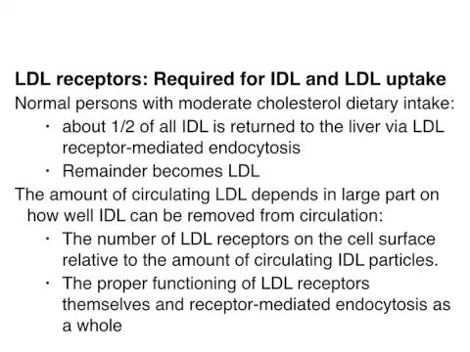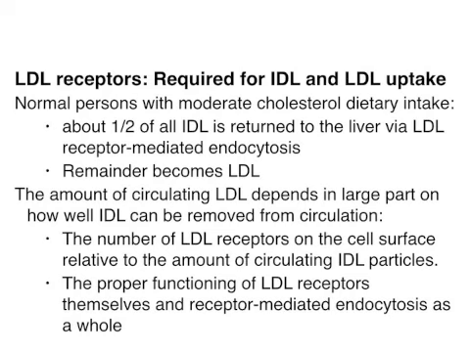Now, normally, about half of the intermediate density lipoprotein particles are returned to the liver via LDL receptor-mediated endocytosis. The rest of those IDLs become LDLs. The amount of circulating LDLs, therefore, depends in large part on how well IDL can be removed from circulation.